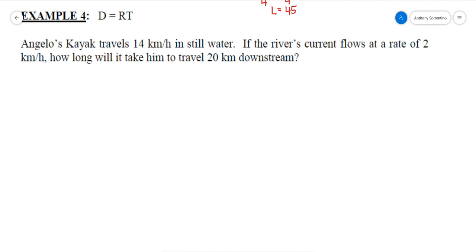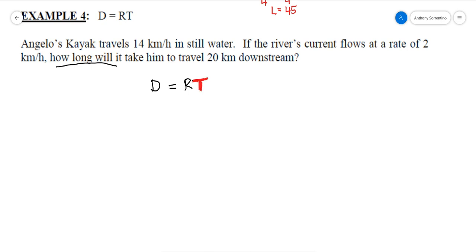So, again, we have this formula, distance equals rate times time. It's a very simple setup, but we have to make sure we put things in the right place and that we're accounting for everything. For instance, what it's asking for is how long will it take. That means that t, time, is the variable here.